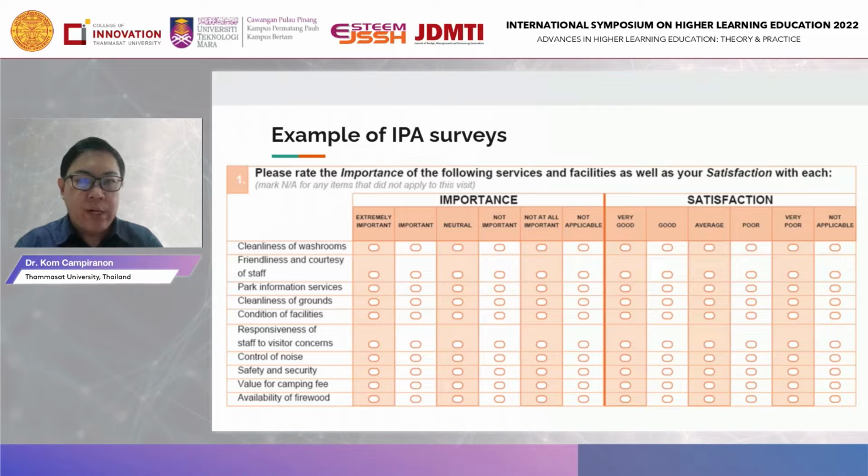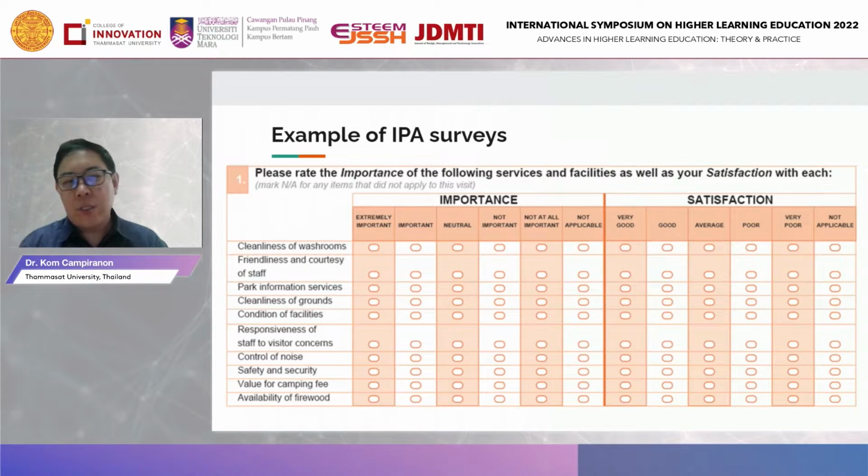Second question, the friendliness of the staff, right? Do customers think that staff friendliness is important? They might say, no, not that important, because we're not going to spend much time talking to them anyway. So let's say the customer might give a score of maybe 3 out of 5, right? So about in the middle, not that important. But for the performance on the right, they might say, wow, once we arrived at this hotel, the staff was really, really friendly, so I give them 5.